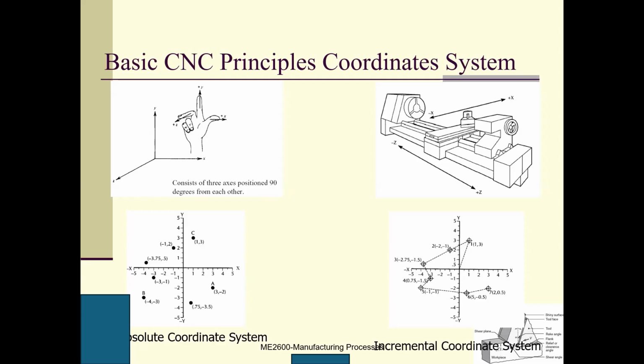Okay? For example, this is my original one, so this is my U1. So here, in the X direction, I'm going to move 5. In the Y direction, I'm going to move minus 45.